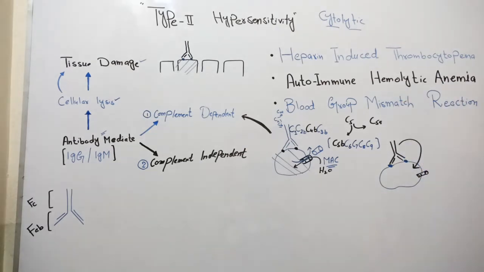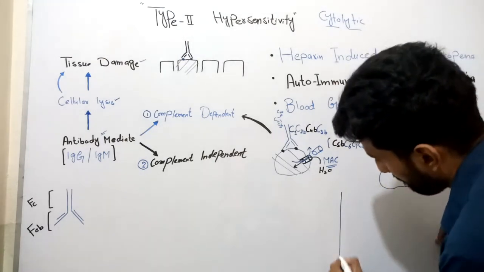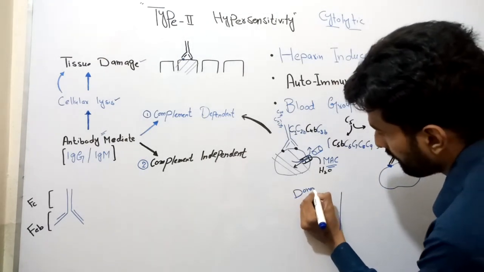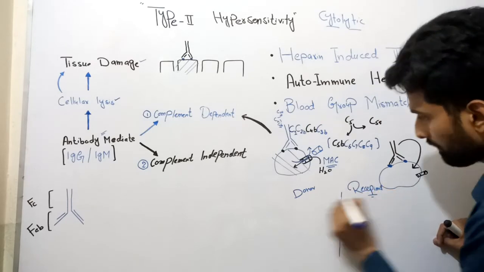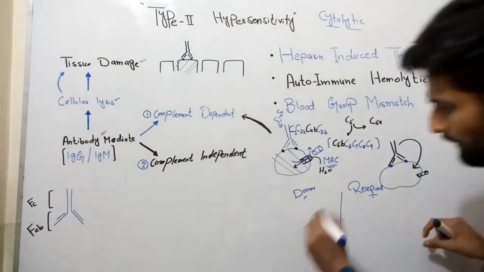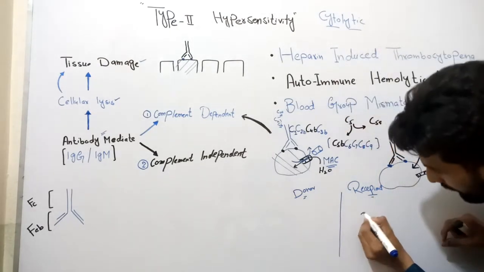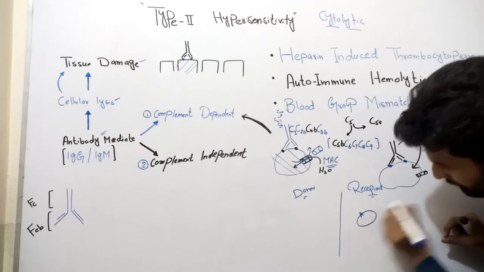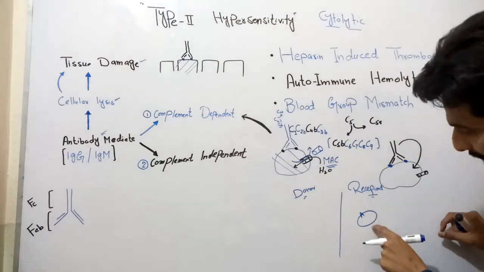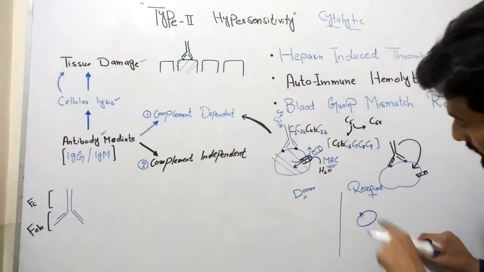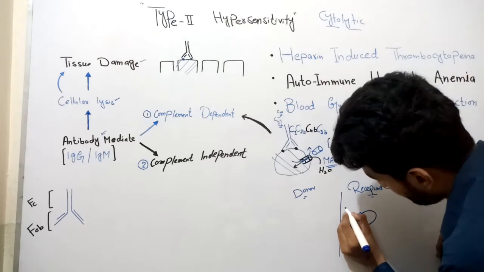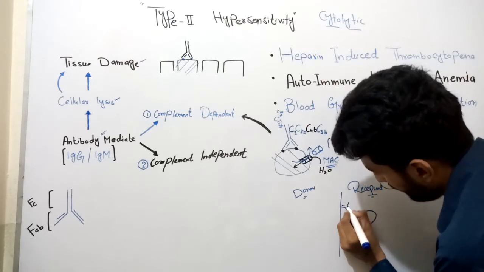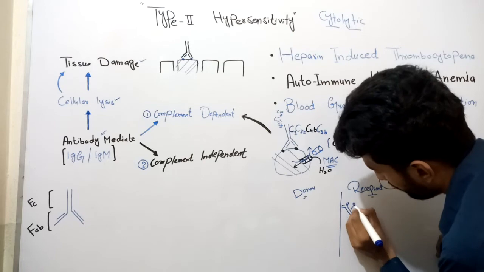Similarly, blood group mismatch reaction. For example, a patient has blood group A. So it means its red blood cells will have A antigen on the surface, while his blood will have anti-B antibodies.